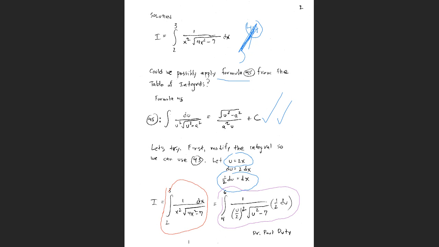Okay. So since u equals 2 times x, this means that u over 2 equals x. And so that's how the x squared became the u over 2 squared.